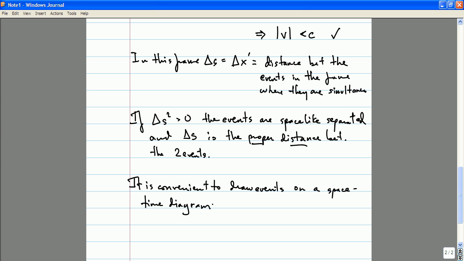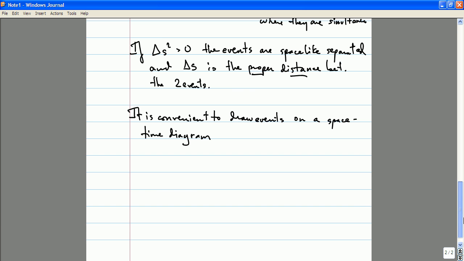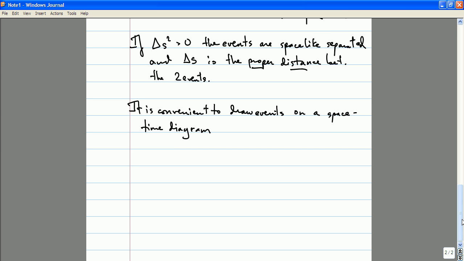It's a diagram where I draw events as points and where the different axes refer to space and time, respectively. So, for example, I could have a time direction running vertically, which is the standard convention on space-time diagrams, and a spatial direction running horizontally. And in order to draw my diagrams in two dimensions, I will only consider one spatial direction.